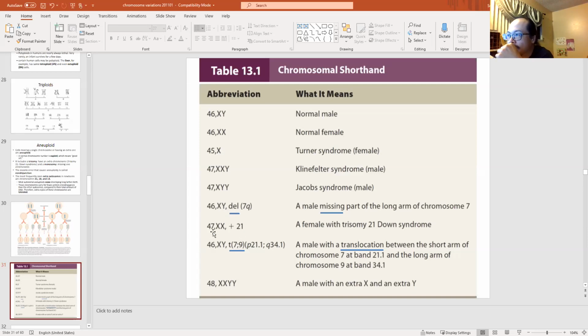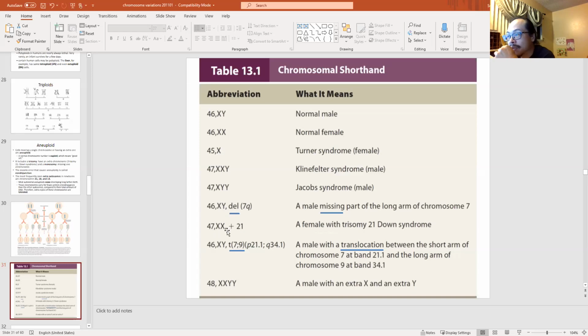It is 47, so you know it's extra. Now you have XX, so the extra is not related to the sex chromosome. It's related to plus 21, so you know it has an extra 21, and so this is trisomy 21, Down syndrome, in a female.